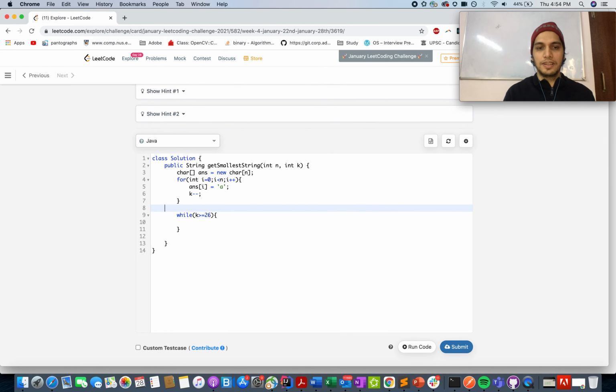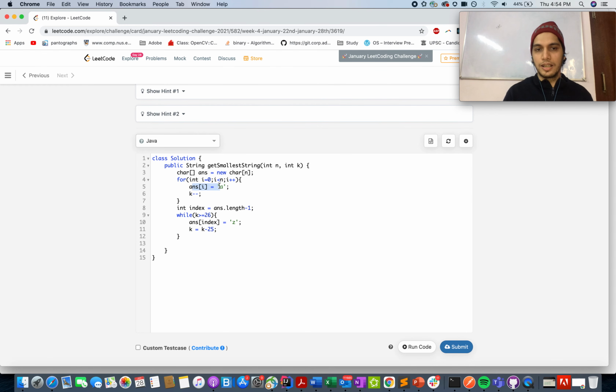What we will do, and from where will we start? We'll start from the last index, since we are interested in the lexicographically smallest string. Index equals ans dot length minus 1, and ans of index equals z, and k equals k minus 25.